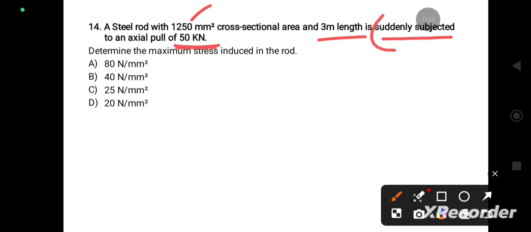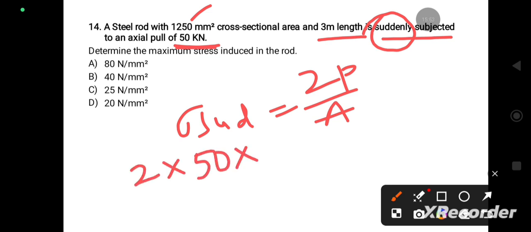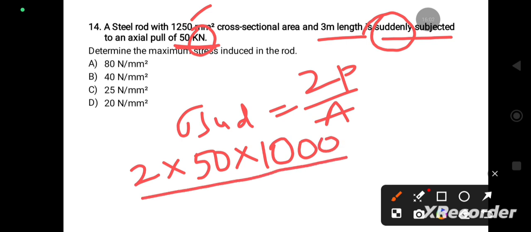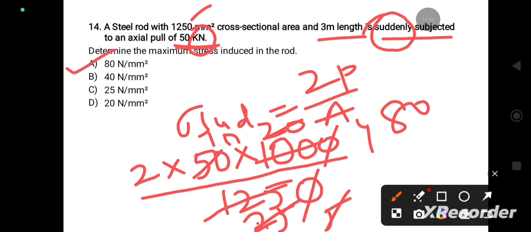Suddenly subjected means the formula for stress is 2P by A. So 2 into 50 kilonewton, where kilo means 10 cube, which is 1000, divided by 1250 mm square. The zero cancels and we get 80 Newton per mm square. Option A is the answer.